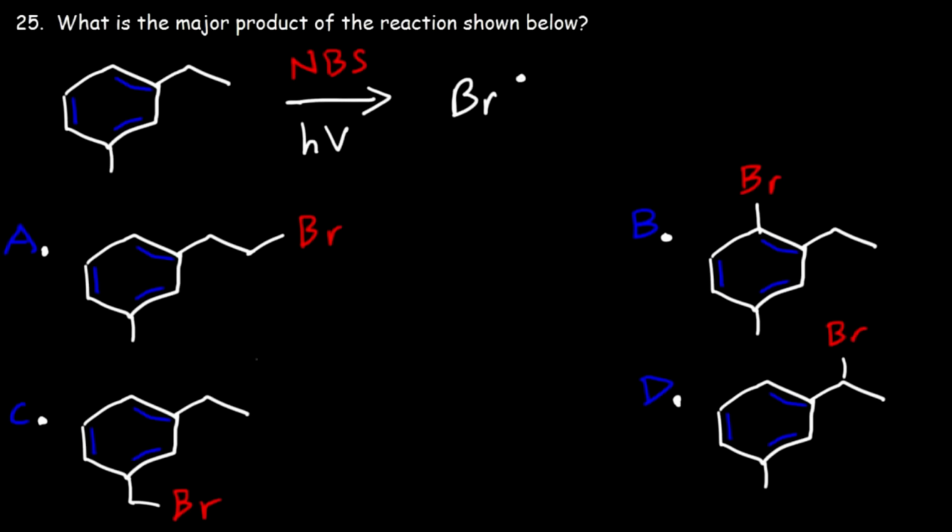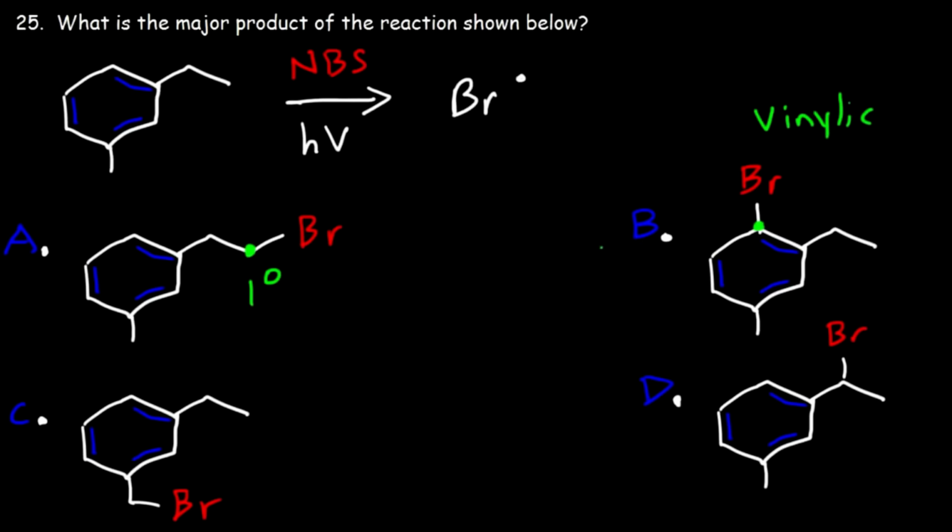Looking at answer choice A, the bromine is on this carbon. So let's say if we take away the bromine atom and just simply put a radical there. Will that radical be the most stable radical? If we take away bromine, that's going to be a primary radical. Here, if we take away the bromine, it's a vinylic radical.